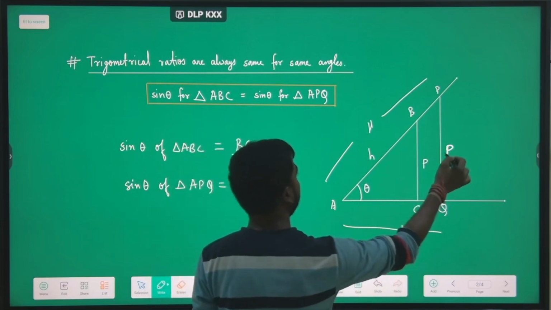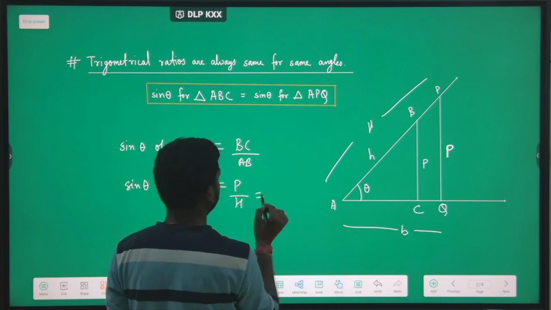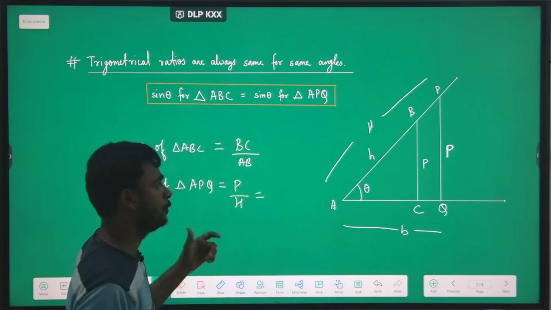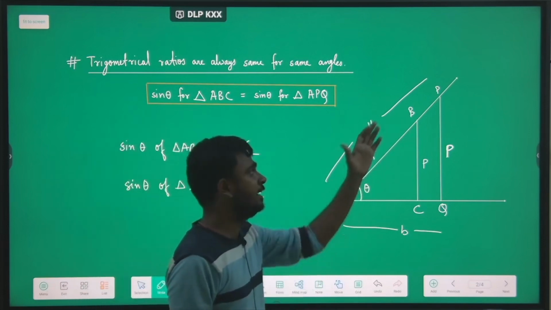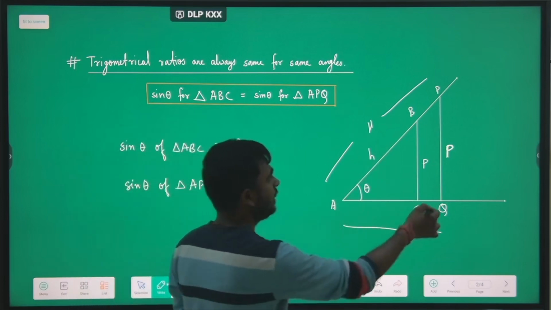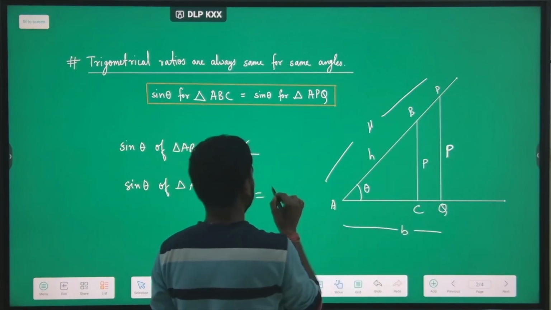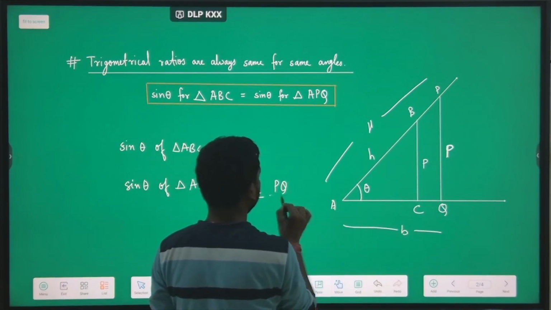So this will be bigger P upon bigger H, that means perpendicular upon hypotenuse for triangle APQ. So we are getting P as PQ and H as AP. So it will be PQ upon AP.